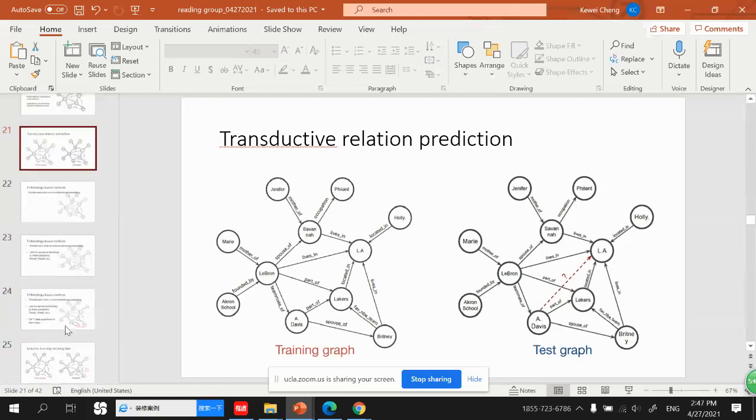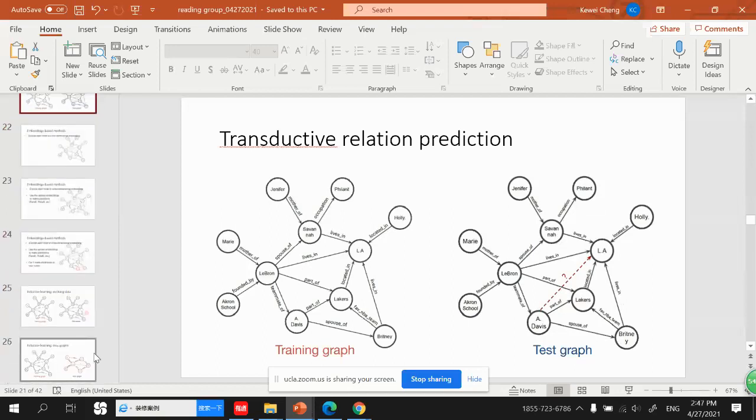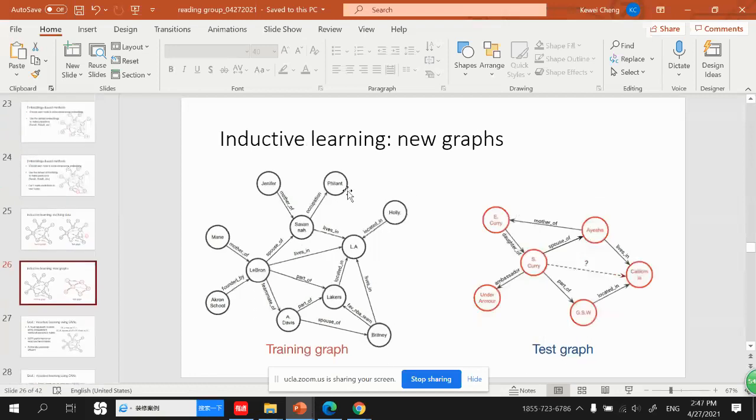Here is the inductive setting we're trying to solve. We can observe that even though we train the model on a training graph, this training graph does not share any entity with the test graph.